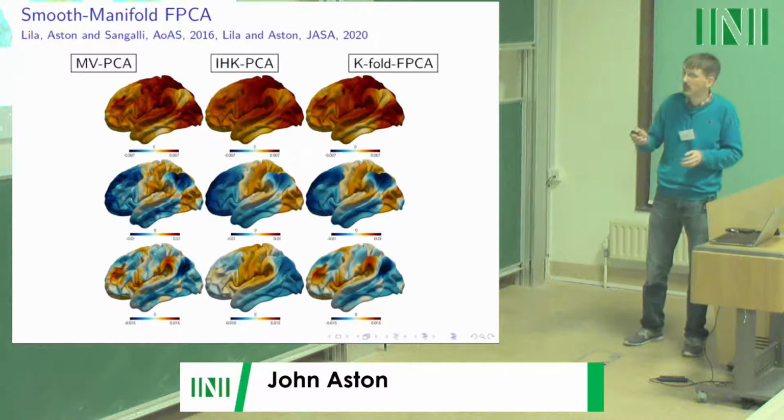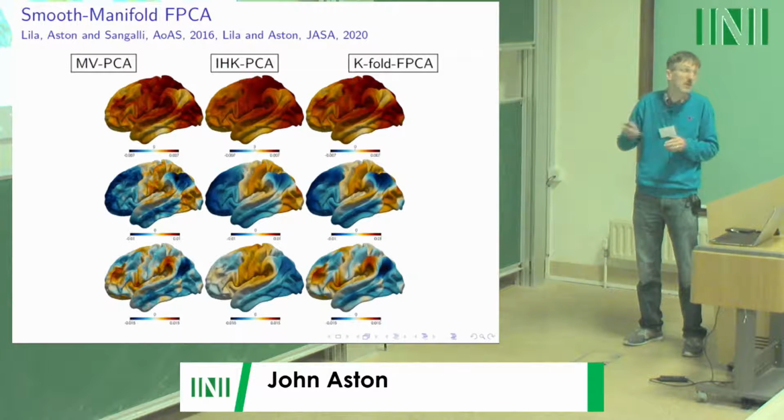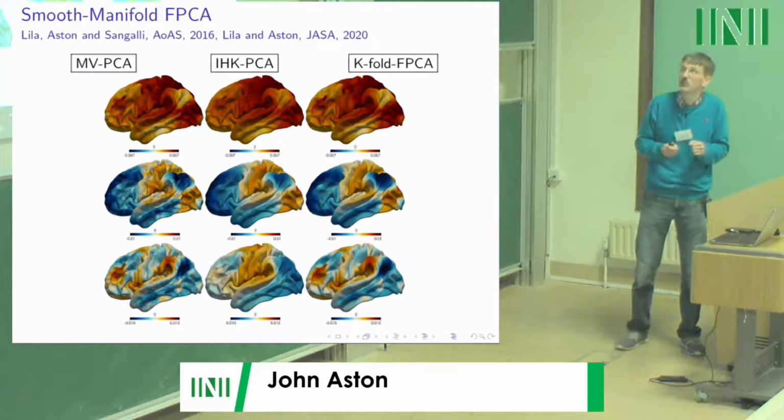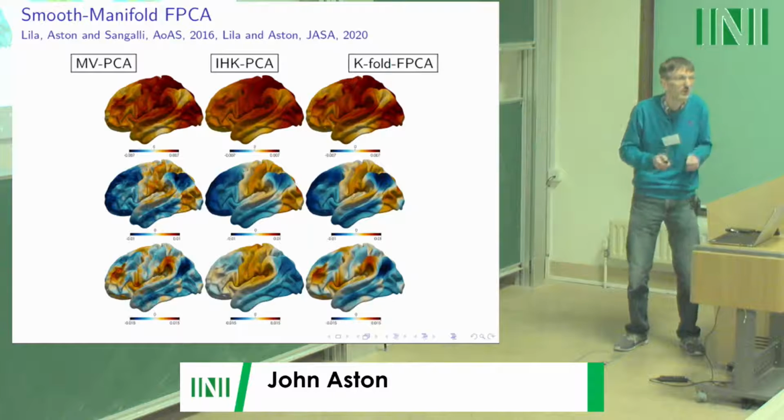Heat kernel smoothing PCA is where I'll do the same principal components analysis as in the multivariate way, but first I'm going to smooth my data across my surface. I'm going to use a heat kernel approach to smoothing, and I'm going to enforce the smoothness on my surface data by smoothing it first. So smooth first, then do PCA.